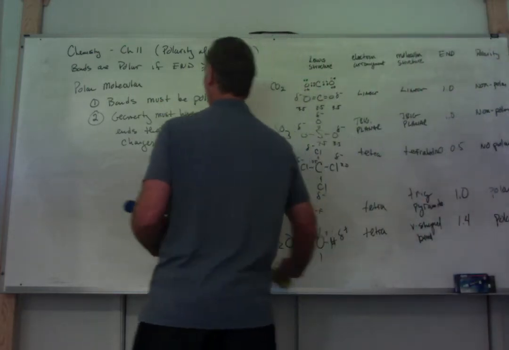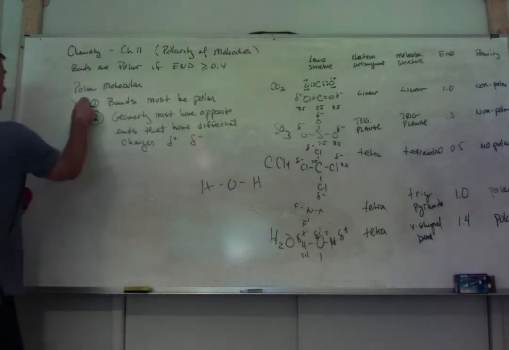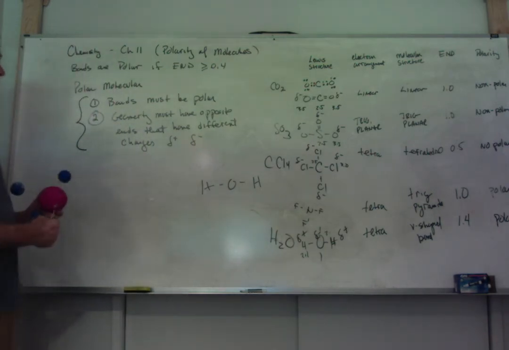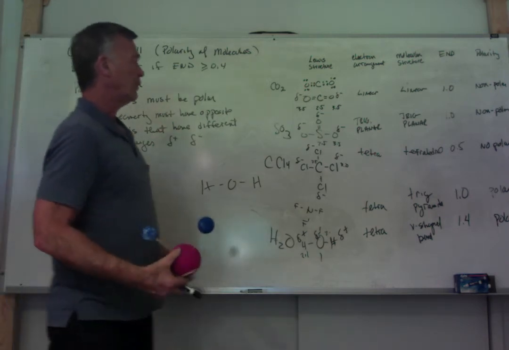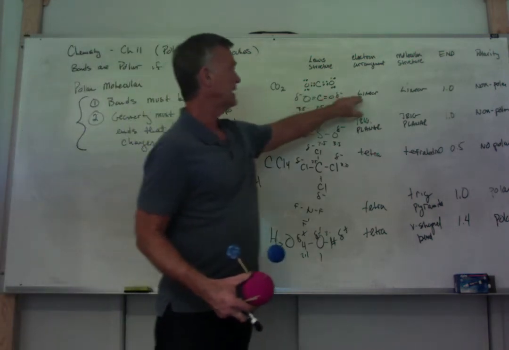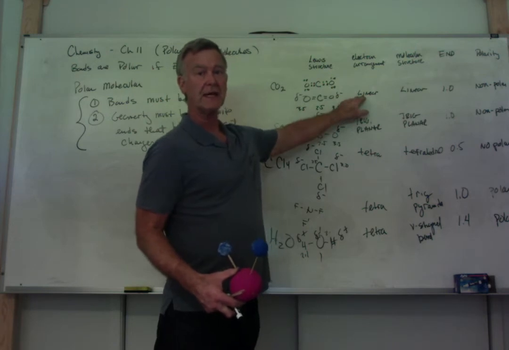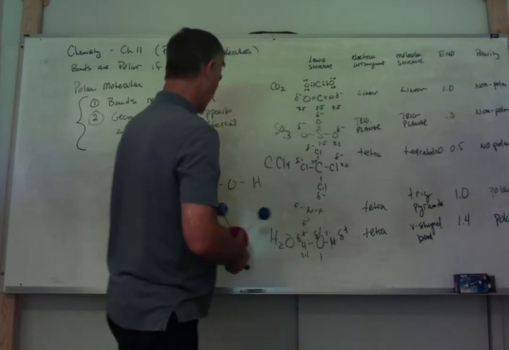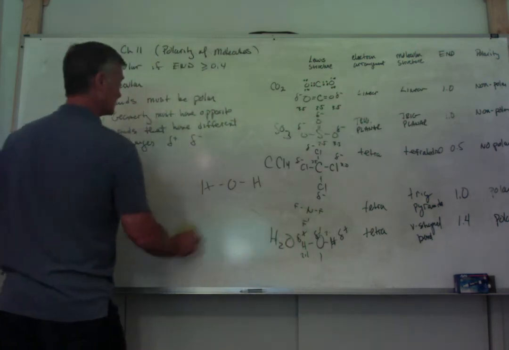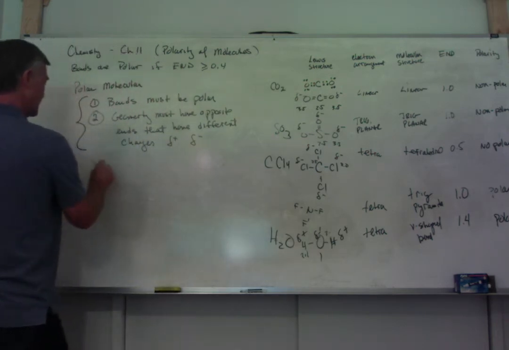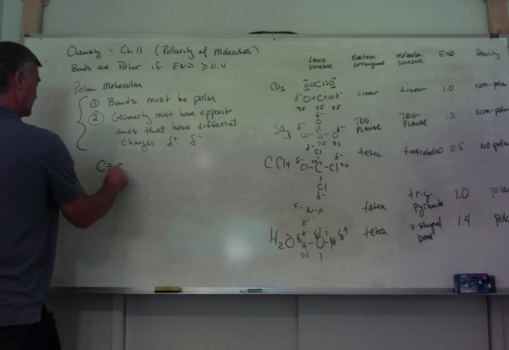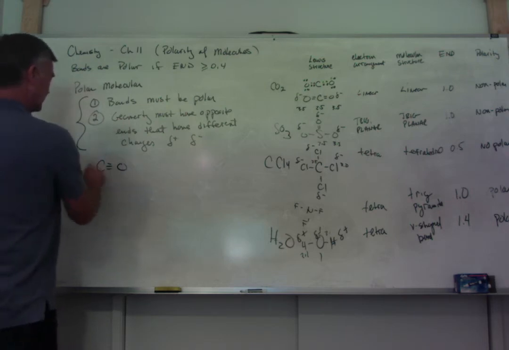Now, I mentioned both of those have to be true. What you're going to find is linear molecules generally are nonpolar, although I want to show you 2 quick exceptions. An exception to that, if you had carbon monoxide, CO, that's our molecule.